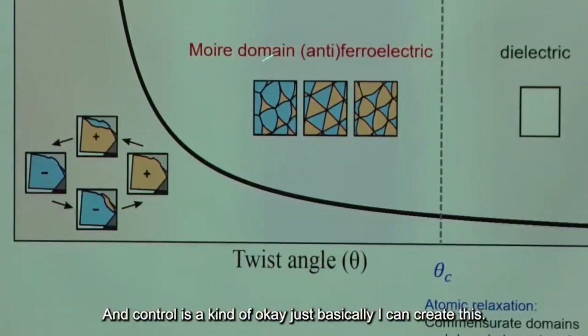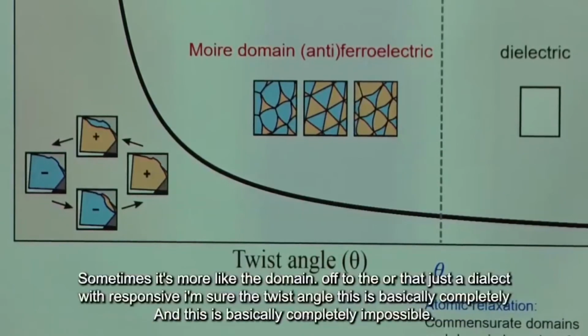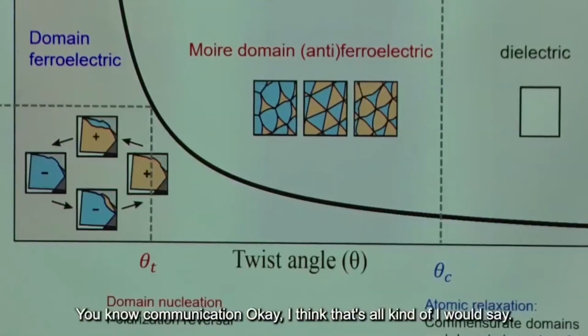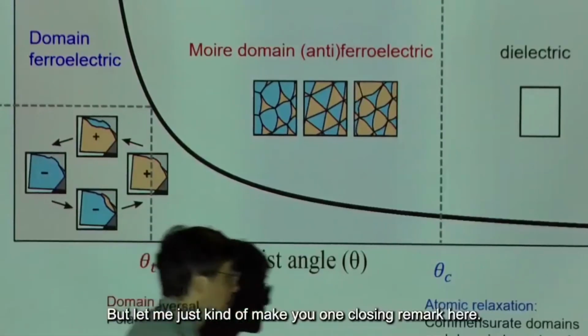Sometimes I can create a domain anti-ferroelectric arrangement, up to a ferroelectric arrangement, or just a dielectric response, if I control the twist angle beyond this critical, characteristic angle. This is completely possible in the system. And this is another interesting application of the topological nature of this type of domain structure.